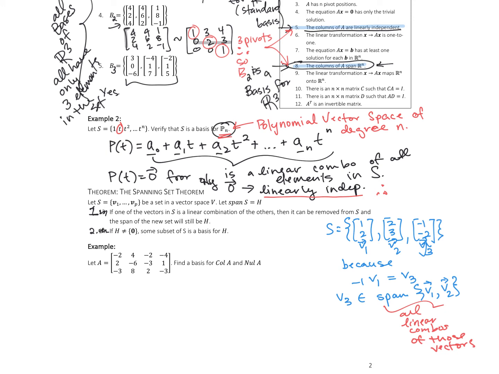The second part of the spanning set theorem says that as long as H is not the 0 vector, then some subset of S is a basis for H, right? So we talked about the definition that for S to be a basis, it needs to show that the elements of S are all linearly independent, which we're going to do by taking out any of the dependent ones, and that still represents the same spanning set.